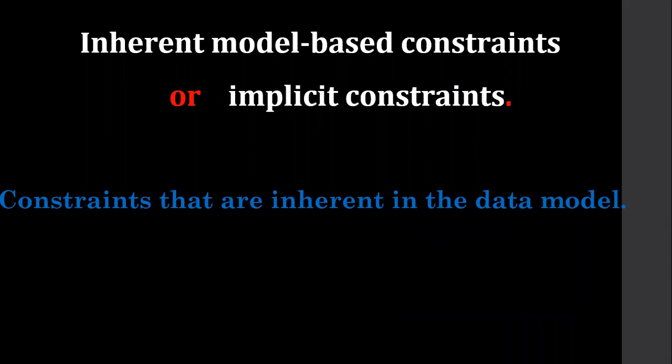As the name indicates, inherent or implicit constraints are the constraints which come implicitly while designing the relations in the relational data model. These are the implicit or built-in constraints.